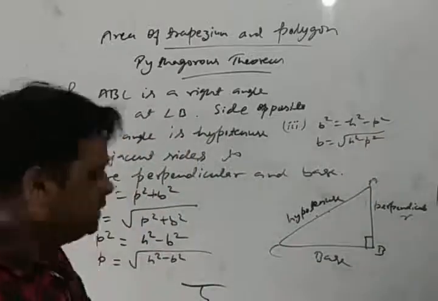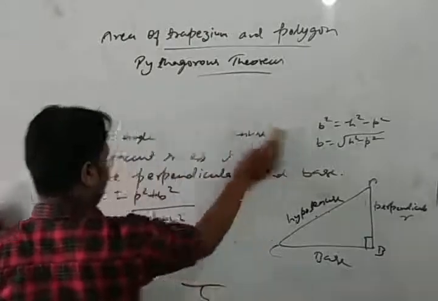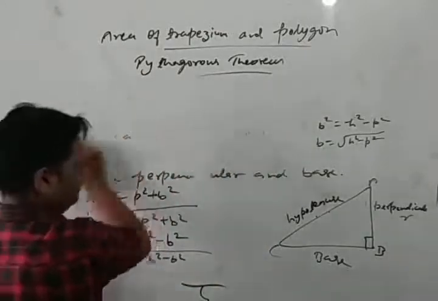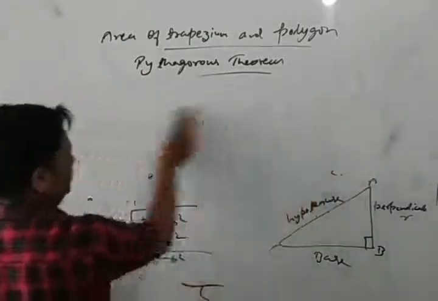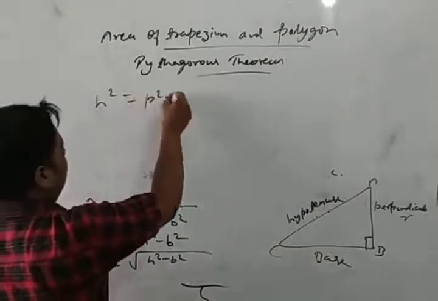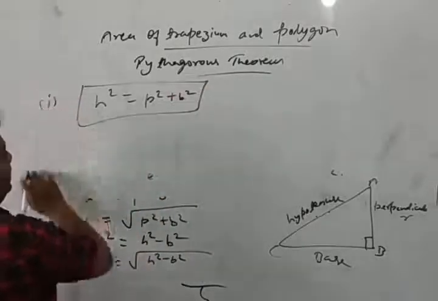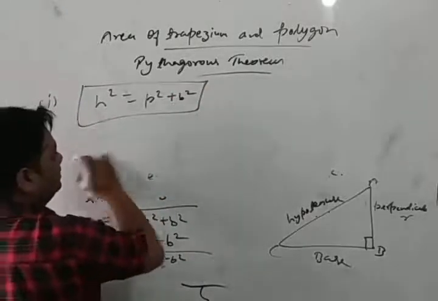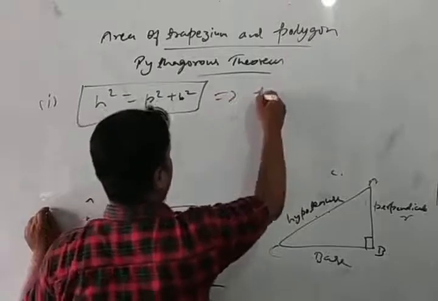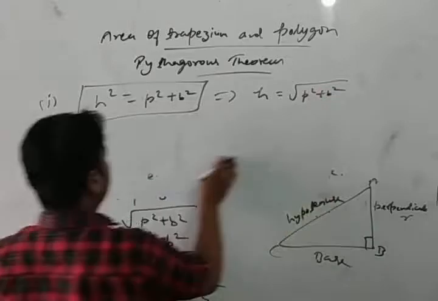So firstly, the Pythagoras theorem is mainly: h square equal to p square plus b square. It is the main theorem. This implies that h is equal to under root p square plus b square.